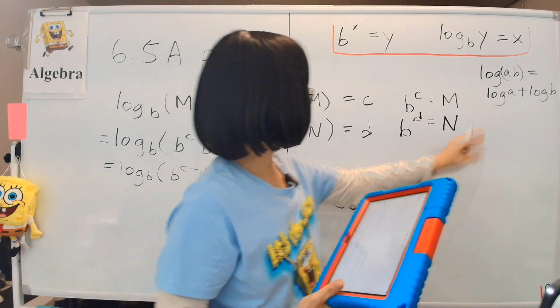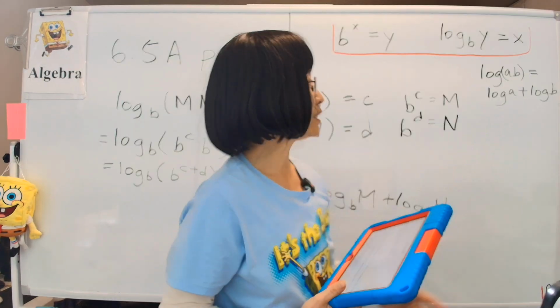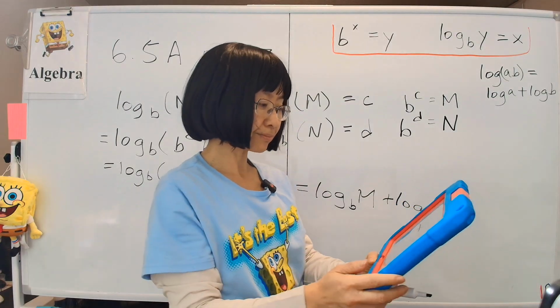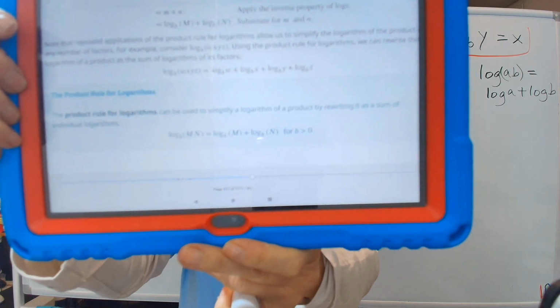So please remember this. This principle is very important. Write this down in your cheat sheet, and we're going to be using it a lot. So that is the first principle right here.